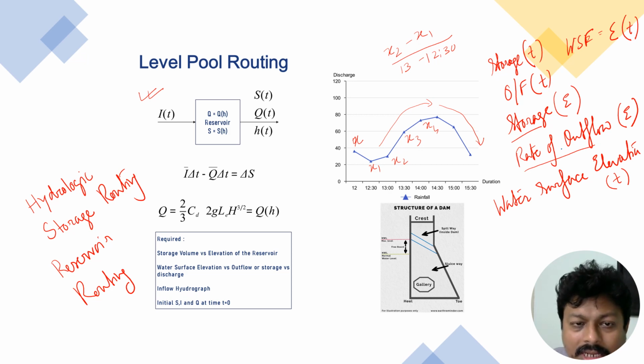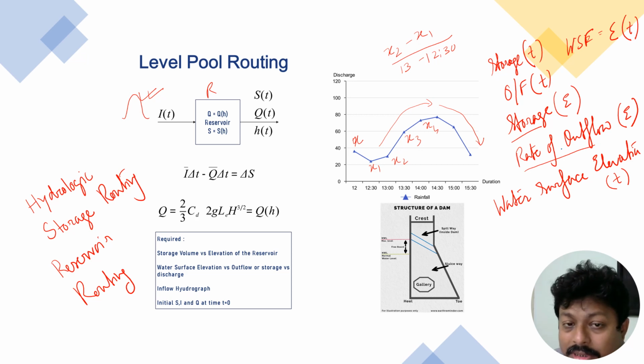You see, this I of t is actually the incoming hydrograph, the hydrograph of incoming flow towards the reservoir. This is our reservoir. Due to this incoming flow of water, the storage is changing and the water surface elevation is changing.